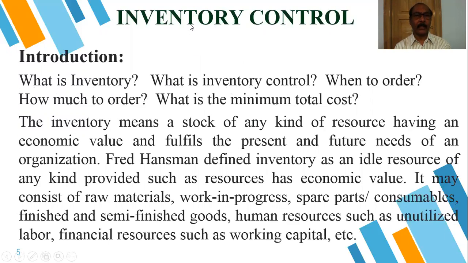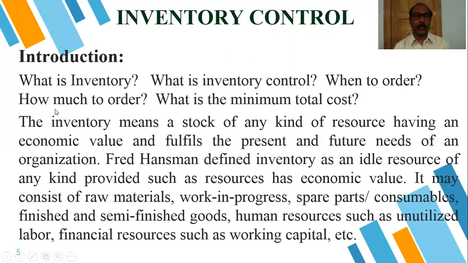Unless the inventory exists, what do we control? When the inventory is there, when to order, how much to order, and what is the minimum total cost. All the basic questions are related to inventory control.